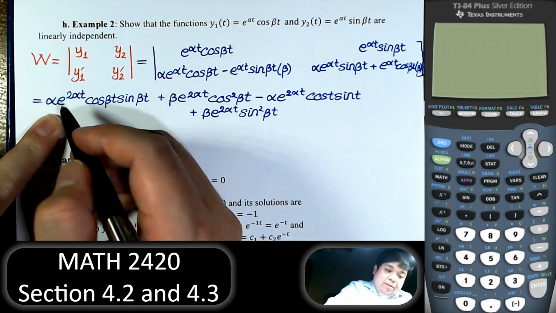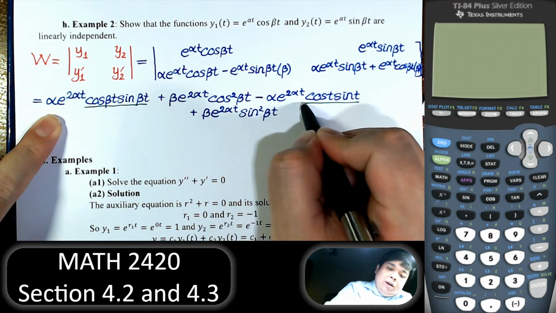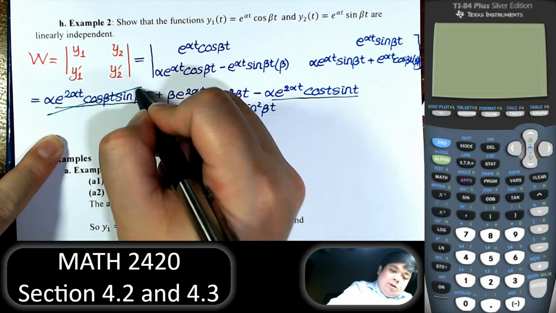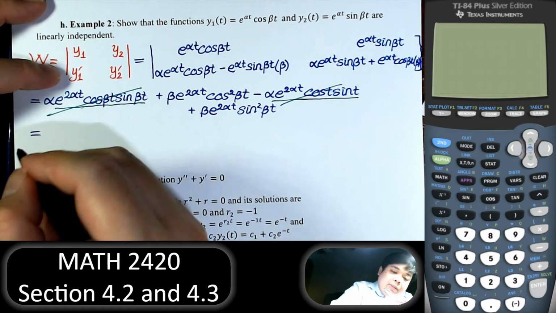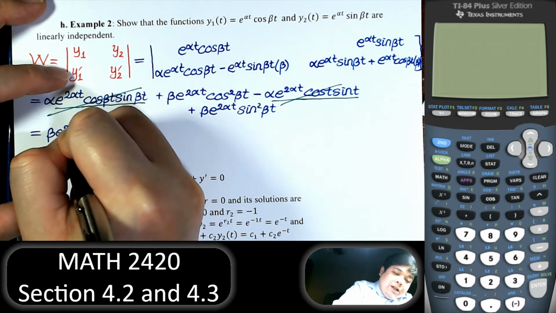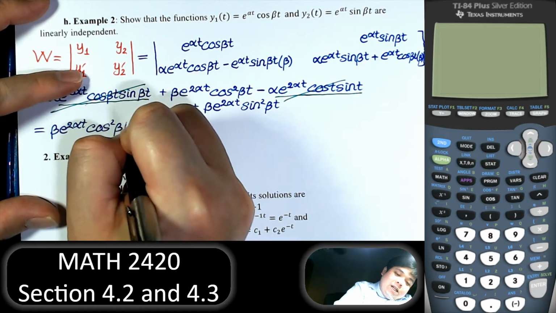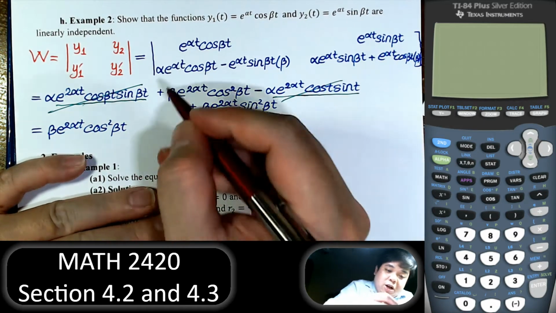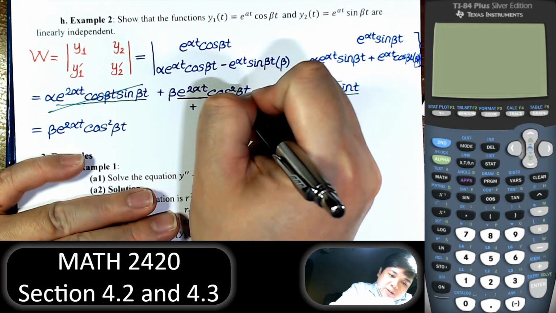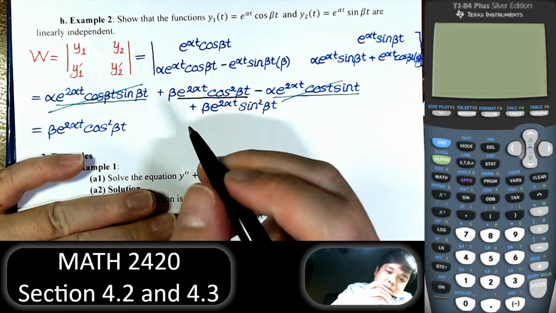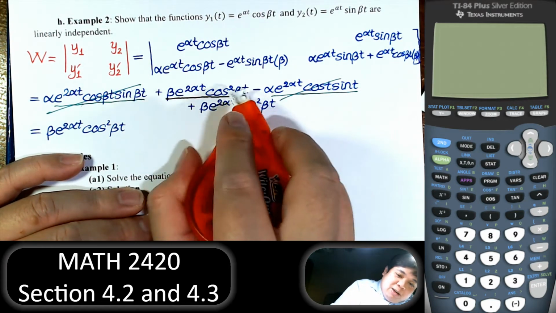These terms are the same, of course e to the 2 alpha t, so they cancel out. So we end up with beta e to the 2 alpha t cosine squared beta t, and these two terms are actually the same, so we can combine like terms. Of course, I mean the like terms that don't have the cosine.